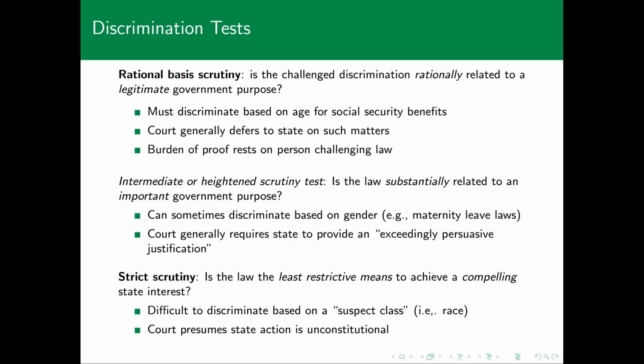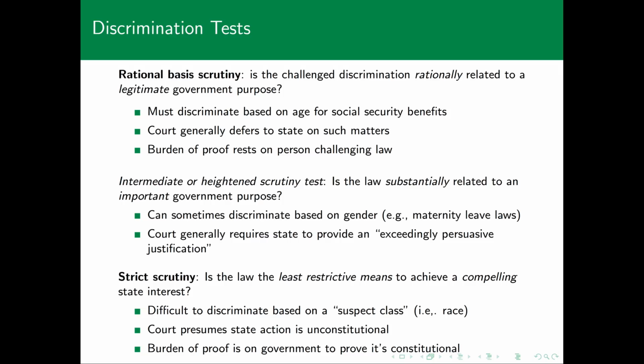So anytime something comes to the court where there's a complaint or claim that there's discrimination based on a suspect class, based on religion or race or something like that, the court just assumes it's unconstitutional. So again, the burden of proof is on the government to prove that it's constitutional.